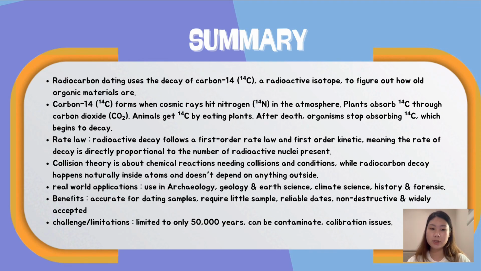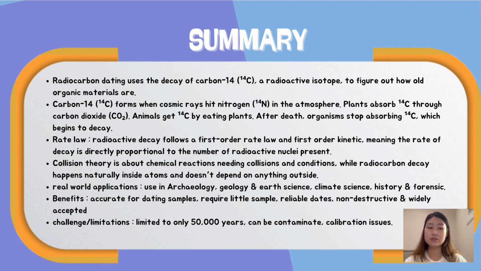Let's go deeper into the details of the formation of carbon-14. So, carbon-14 is a type of radioactive isotope which is formed in the upper atmosphere by particles from outer space interacting with nitrogen.